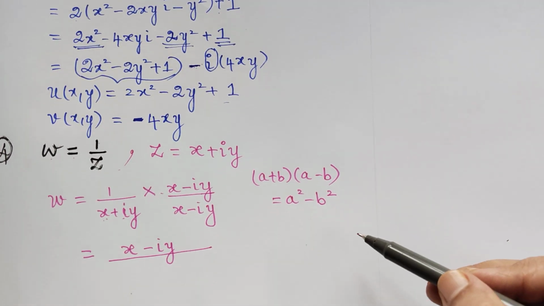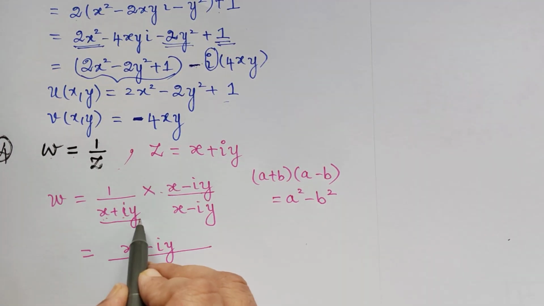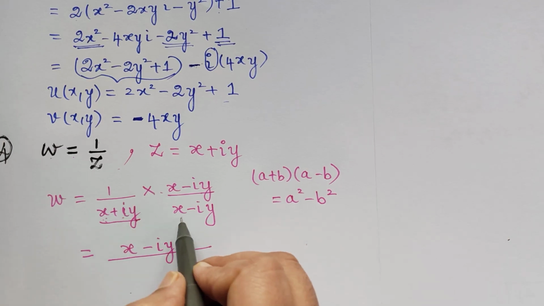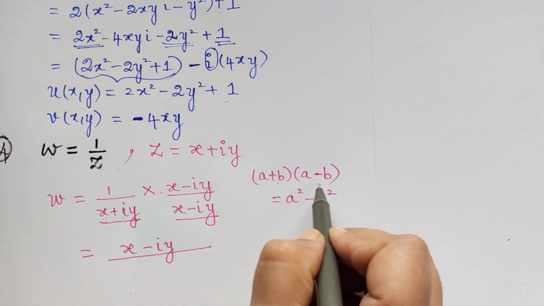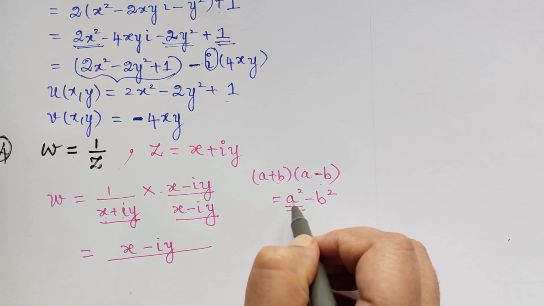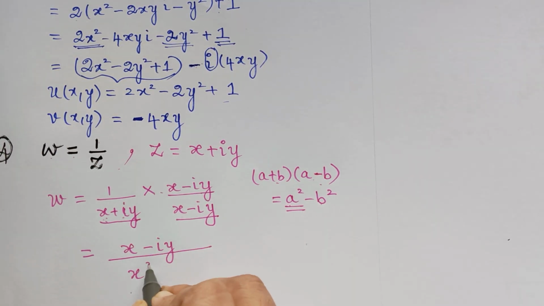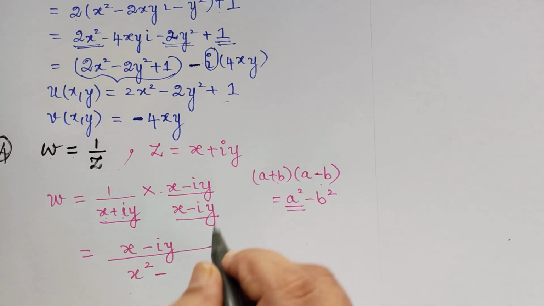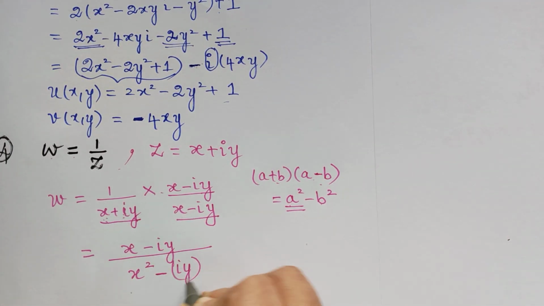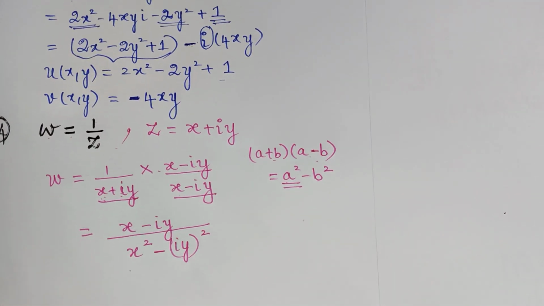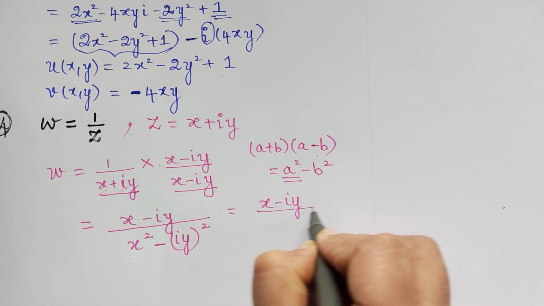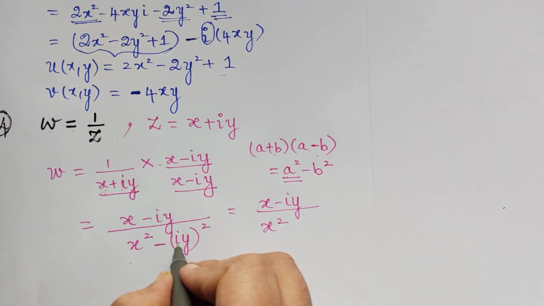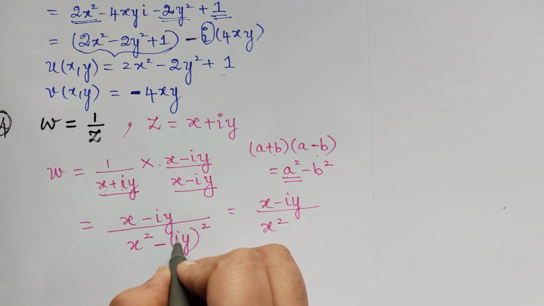So using this, here you have x plus iy, that is a plus b, and here you have x minus iy, which is a minus b. So when you multiply those two, a square first you have to write, that is x square, and minus b square, b is iy, so iy the whole square. So further, this can be written as x minus iy divided by x square. We know that i square is minus 1.